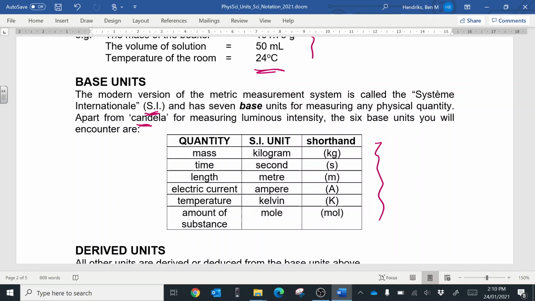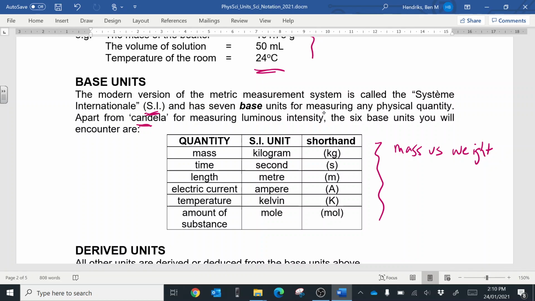So for mass, and we will talk later on about the difference between mass versus weight. So mass versus weight, they are not the same thing, but you might think of, at the moment, what you think of as weight is actually mass. So we'll talk about that later on in the course.